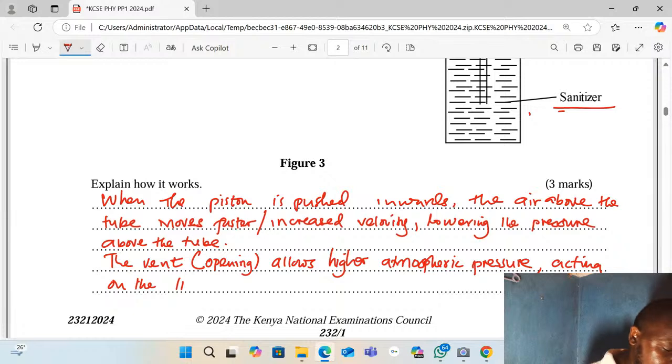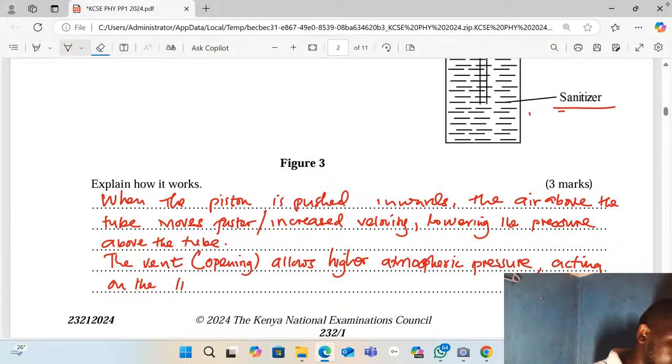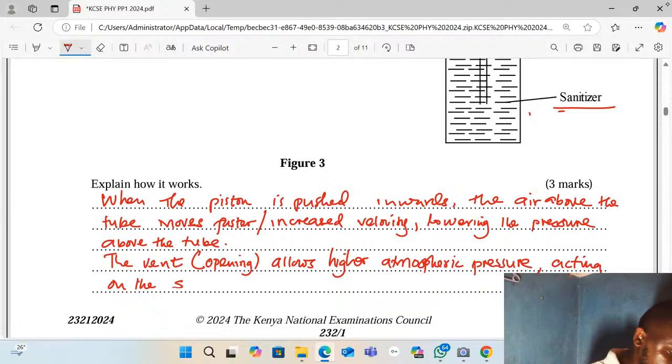You can say on the sanitizer, pushing it upwards.